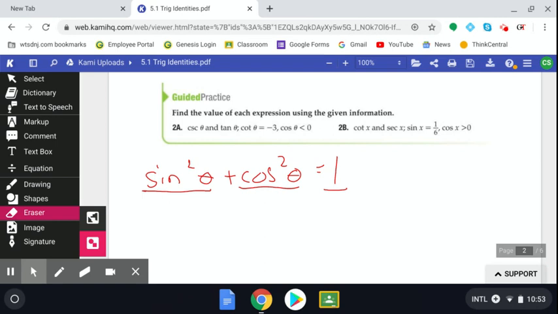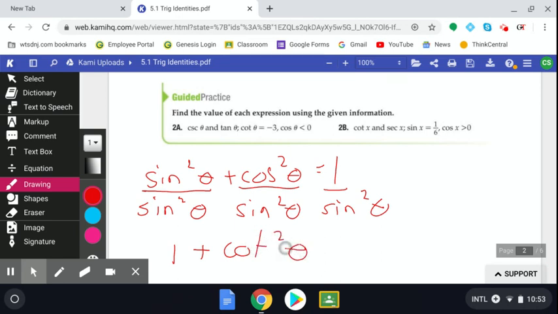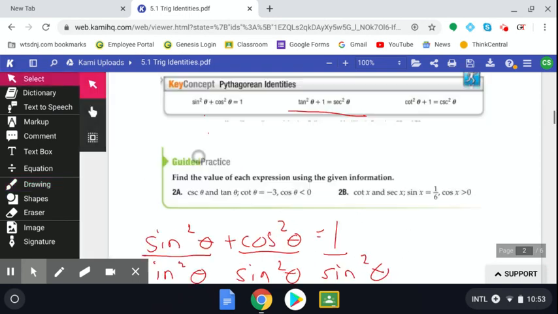If I divide everything by sine squared theta, you get 1 plus cosine squared theta over sine squared theta is cotangent squared theta, and 1 over sine squared theta is cosecant squared theta. So that's how you'd get the third one.